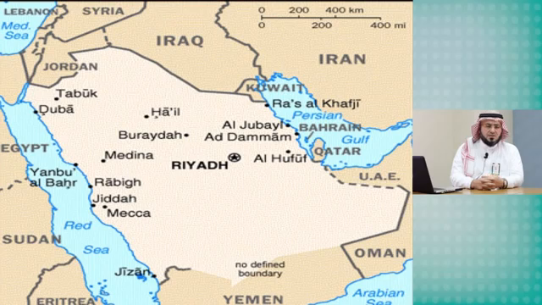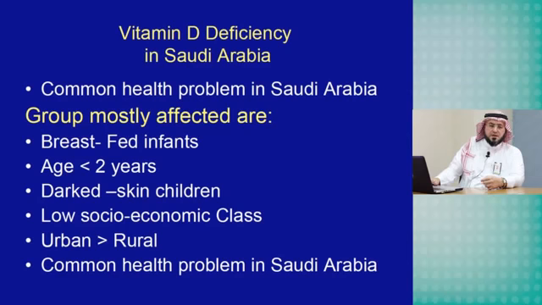We are always inside our house, inside our working places, inside our cars, inside our malls, so we don't make use of the sun, which is the important source of vitamin D. That's why most of us, children and adults, have deficiency of vitamin D. And as you can see in this slide, vitamin D deficiency in Saudi Arabia is a common health problem.